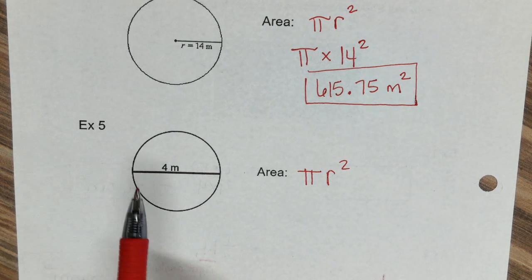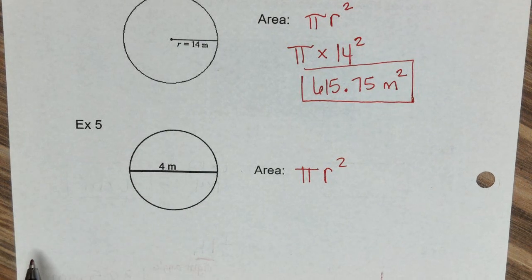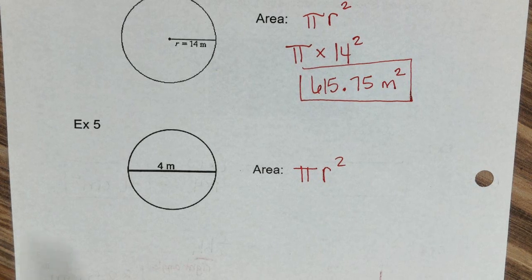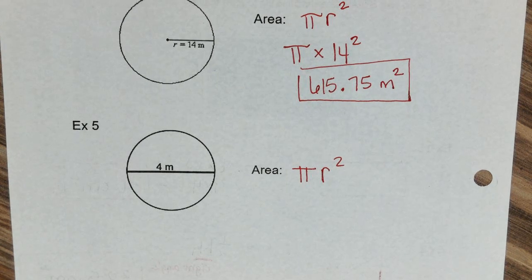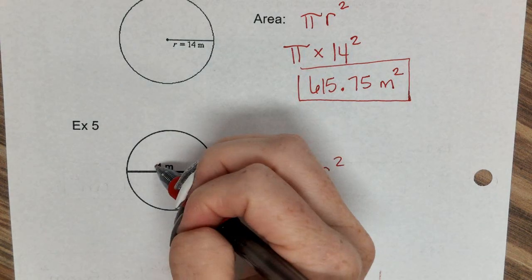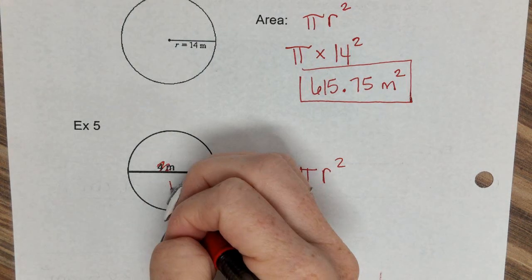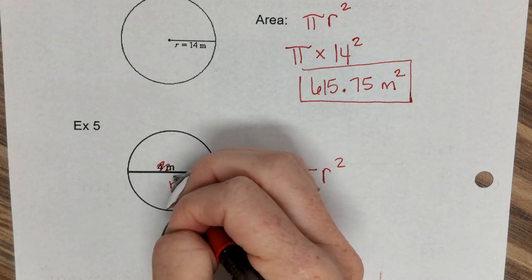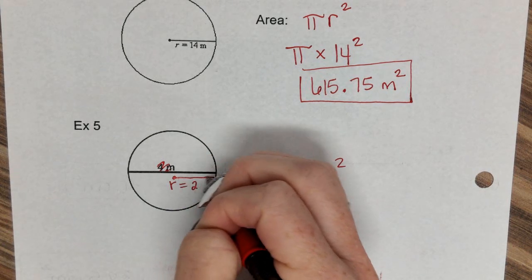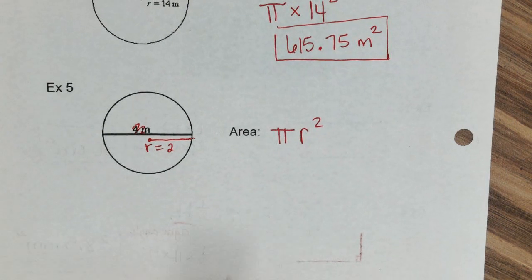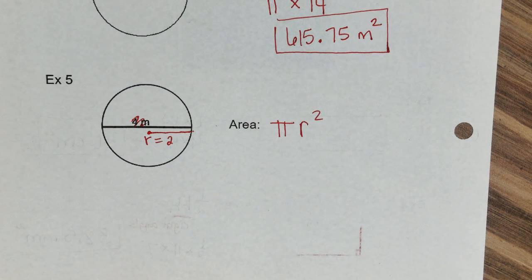No. So what are you going to have to do to that number? Half it, which means divide by 2. So 4 divided by 2 is 2, so I don't need this. I'm going to mark it out and I'm going to put the radius is 2, which is halfway through the circle. Now I want y'all to plug it in and see if you can do it.